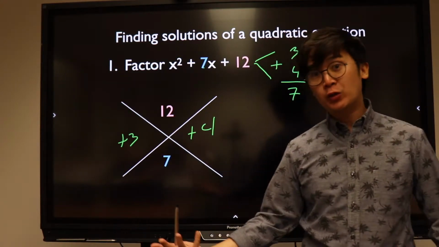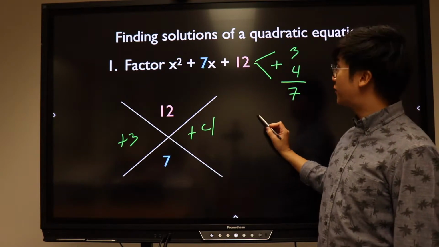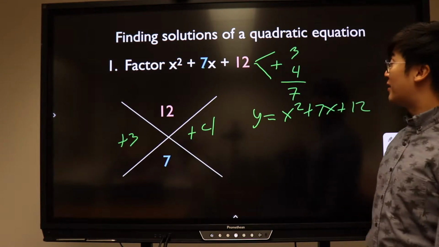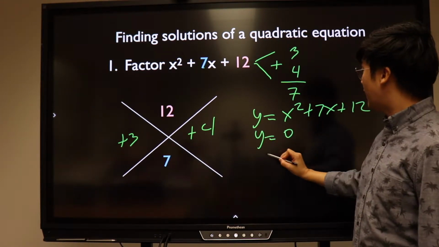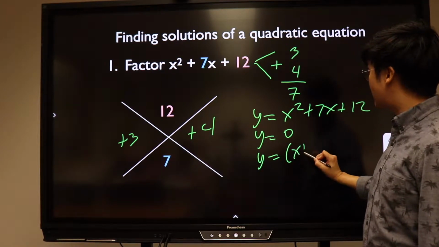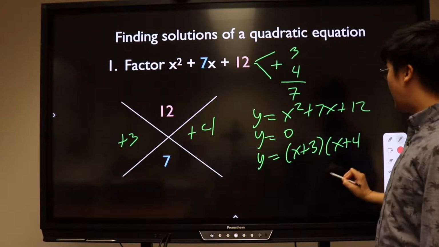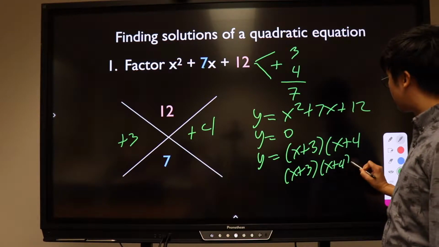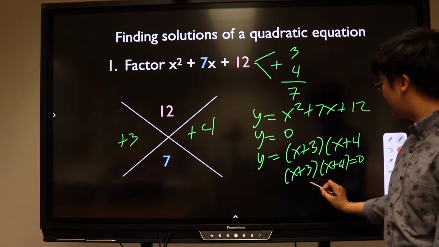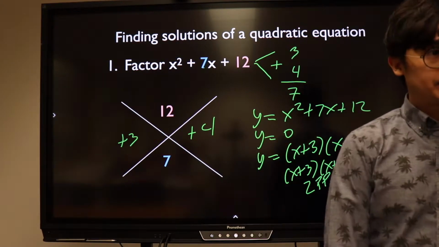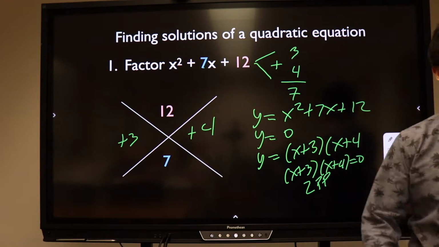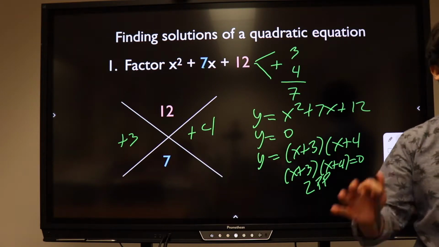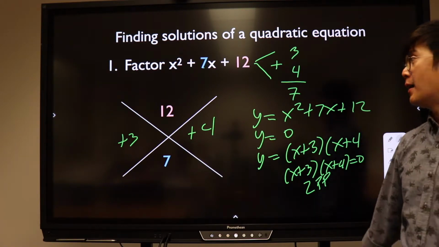By factoring, if I have y equals x squared plus 7x plus 12, the factored form of your function is going to be x plus 3 and x plus 4. And now, by equating it to 0, we can solve it using ZPP. So sometimes the function is already in factored form, so it's easy, and sometimes you need to do a little bit of mathematics. And that's the second method, the factoring method.